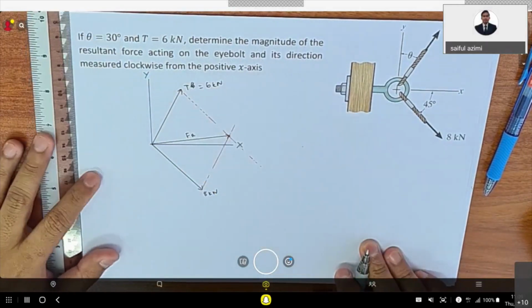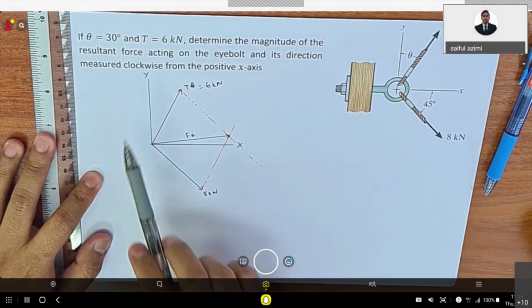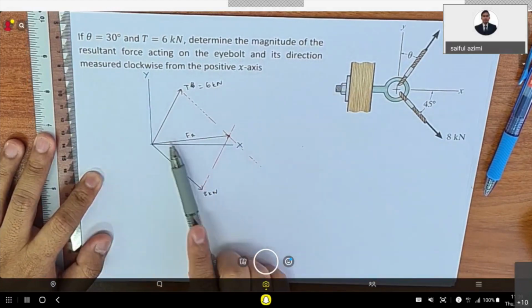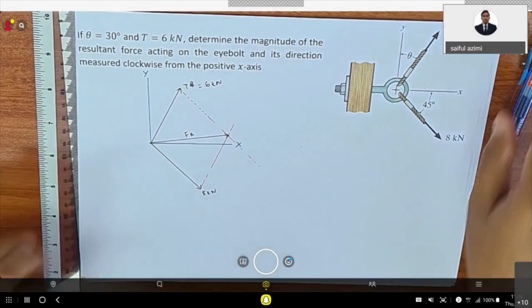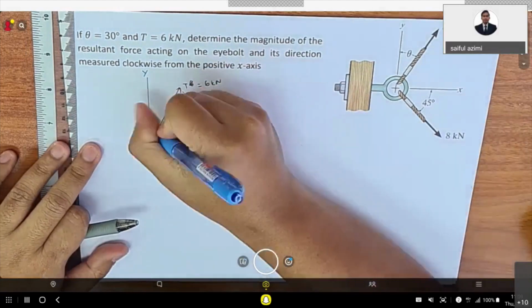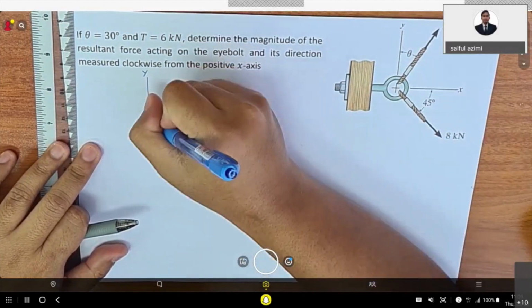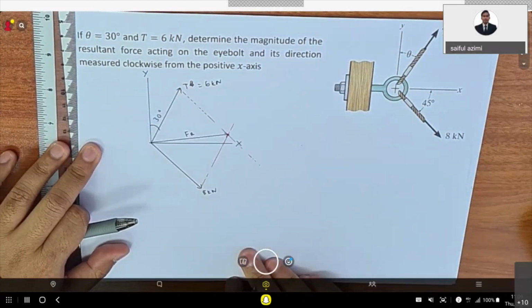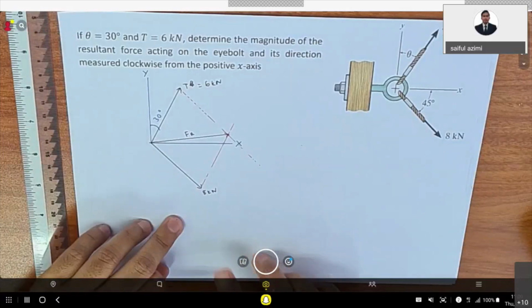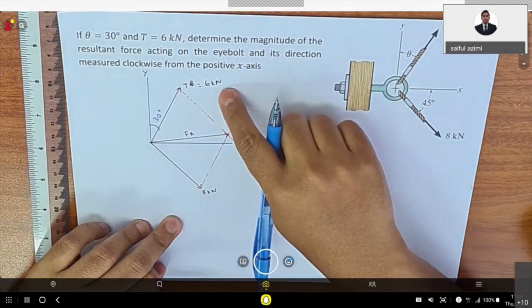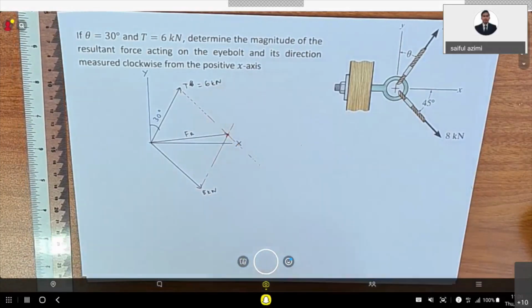In the question it is also given that theta equals 30 degrees. So you need to put theta equals 30 degrees here, and this is 8 kilonewton, and this is 6 kilonewton. From this free body diagram you can already calculate the angle.